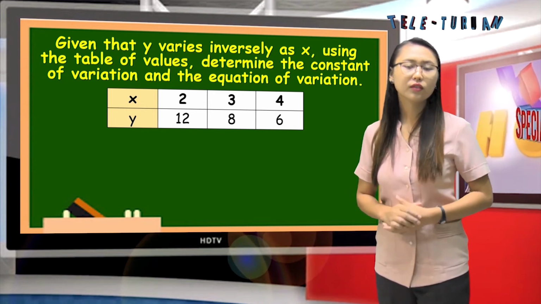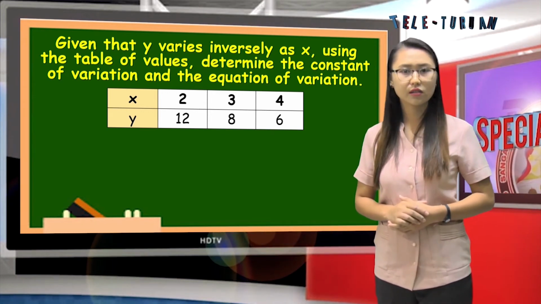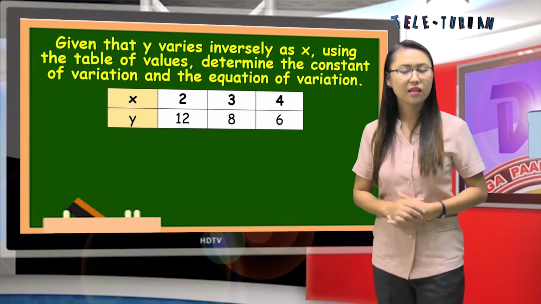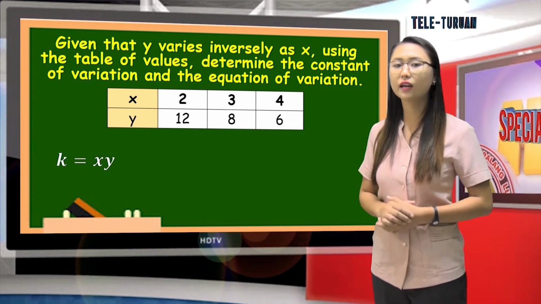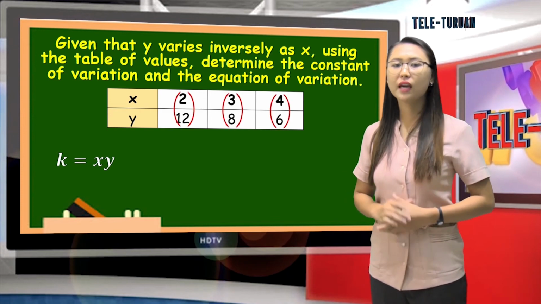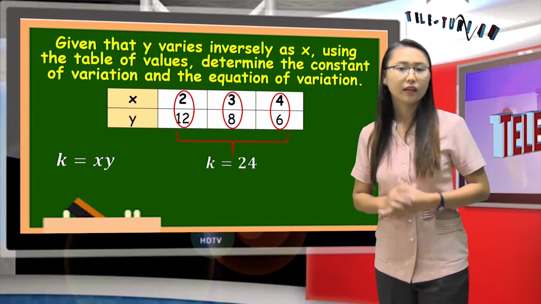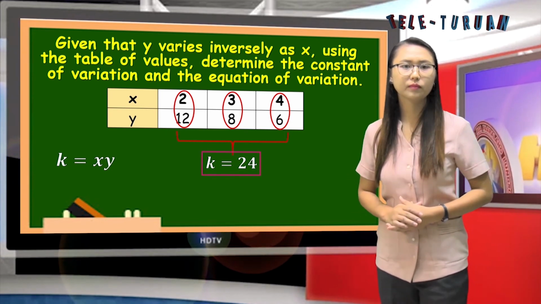Next, how to determine the constant of variation and the equation of variation given the table of values. To determine the constant of variation, we will use again k is equal to x times y. In this table, when we multiply x to the value of y, the answer is 24. The constant of variation in this table is 24.